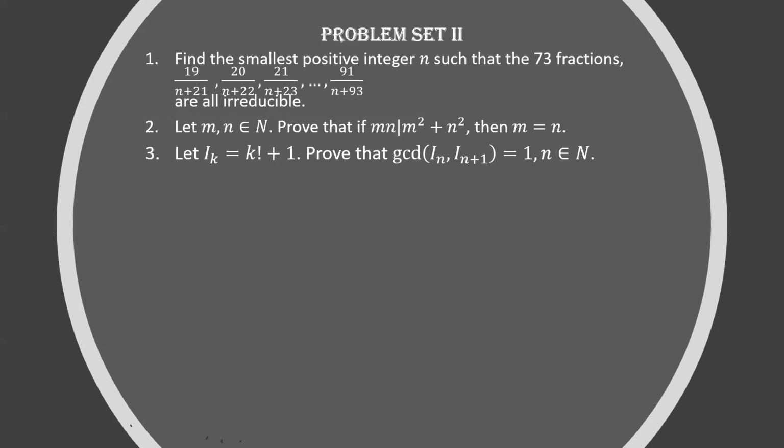So I am telling no. First you write a detailed proof. mn divides m plus n is correct, but from that you move to the next step, and that is wrong.